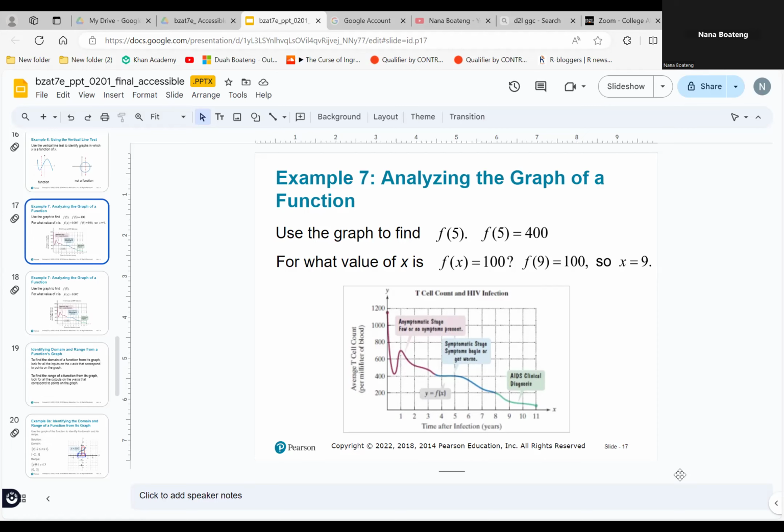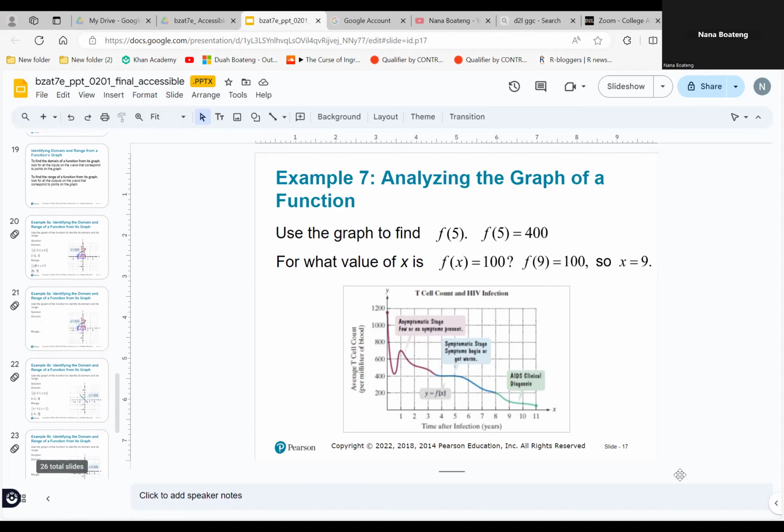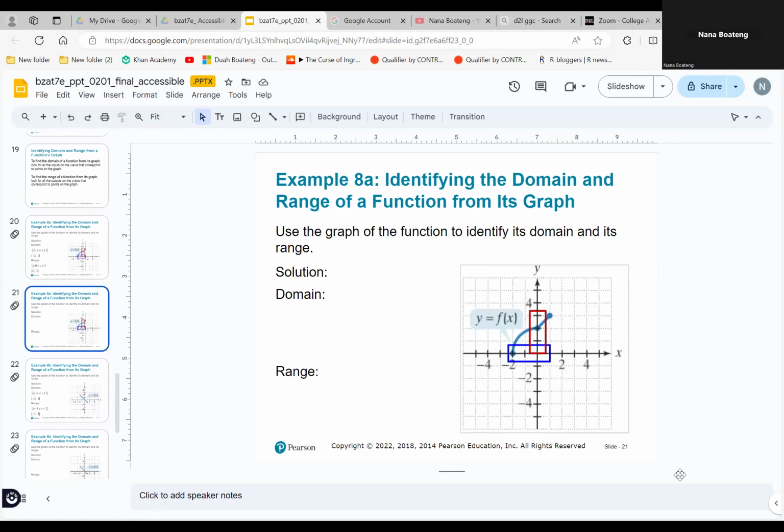Also, let's look at how to identify the domain and range of a function from a graph. Let's look at example 8. It says, use the graph of the function to identify its domain and its range. The domain of the function is the interval on the x-axis in which the function lies.